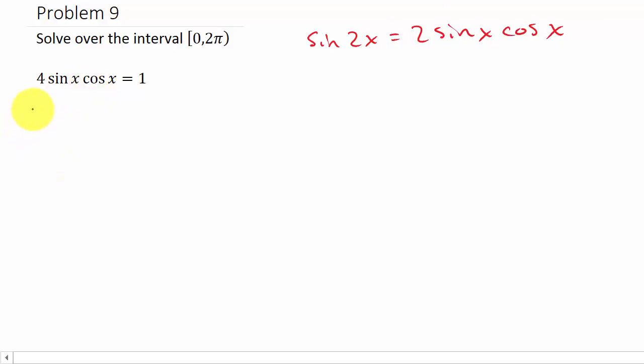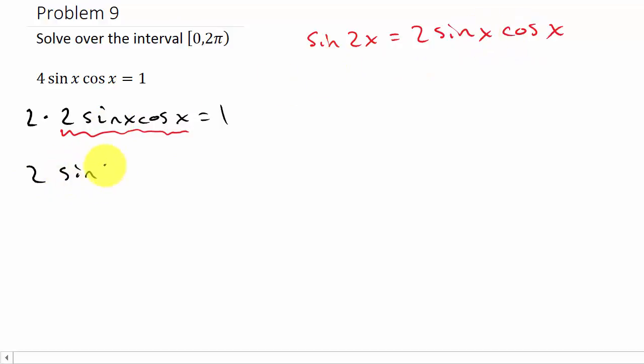Well, the 4, we could just write as 2 times 2, and then sine x cosine x equals 1. And so now this is just sine 2x equals 1. Divide both sides by 2, so I get sine 2x equals 1/2.